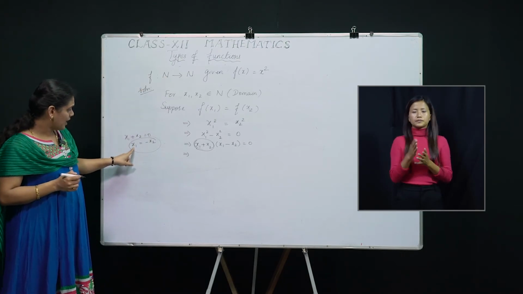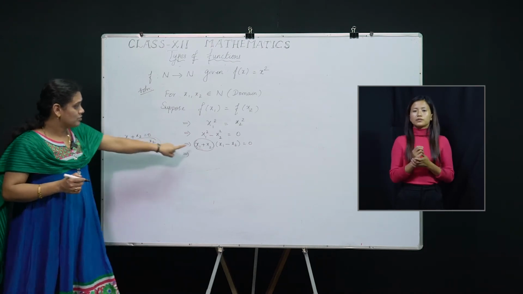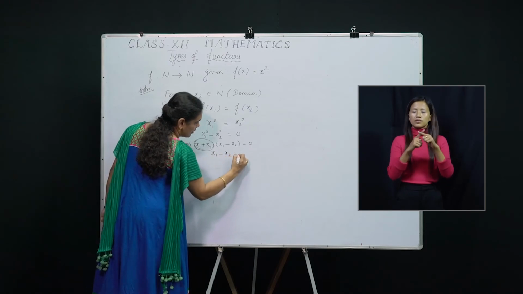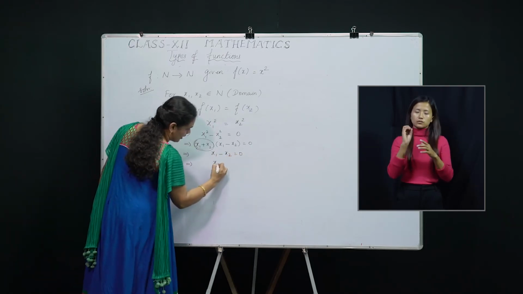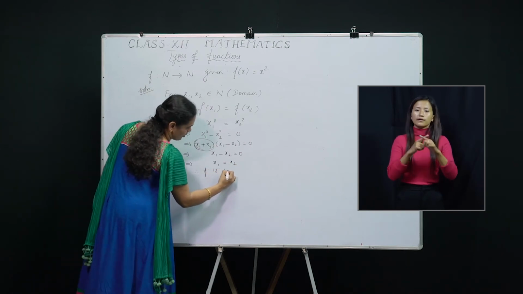So we avoid this and take only x1 minus x2 equal to 0. So we get x1 equal to x2. Therefore, f is 1 to 1.